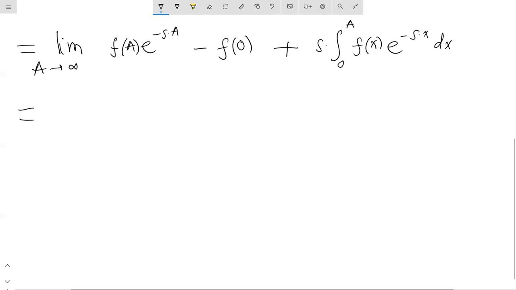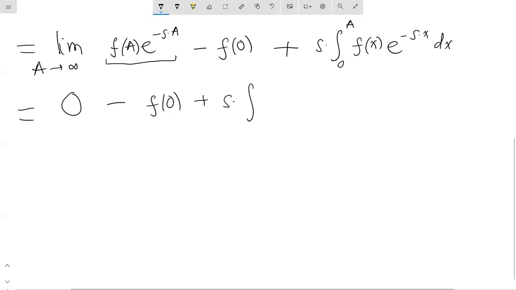Now, with the assumption that f is exponentially bounded, the limit of the first quantity would be 0 for large values of s. So I will get 0 here. Then minus f of 0 plus s. And let's rewrite the integral.